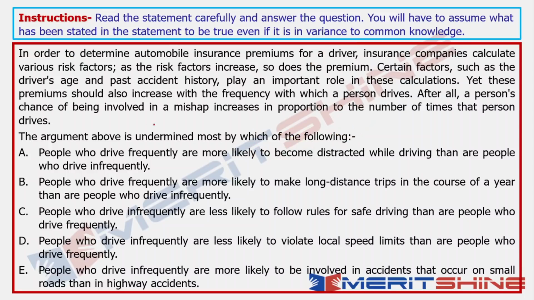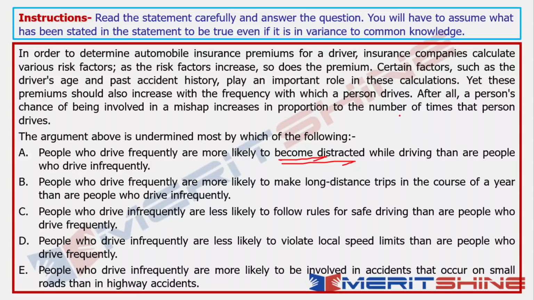Okay. The argument above is undermined, meaning weakened, most by which of the following? So let us see. People who drive frequently are more likely to become distracted while driving than are people who drive infrequently. Okay, so this is supporting the argument, right? Always make a mental map, just like we did in RC.